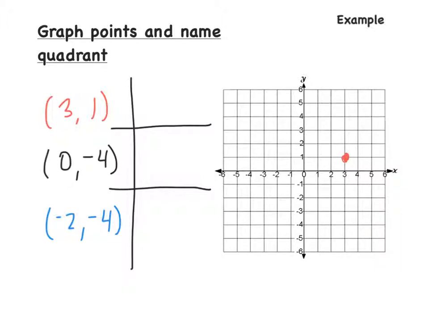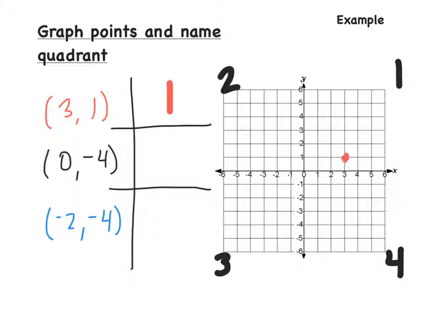So what quadrant is that? Remember, if you want to make a quick little mental note, we have the first quadrant, second quadrant, third quadrant, fourth quadrant. So we've graphed this point, and it looks like we are in quadrant number 1.